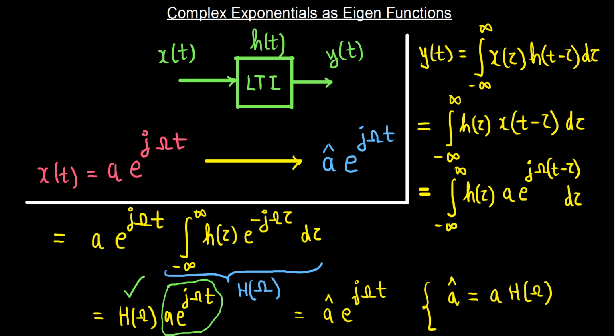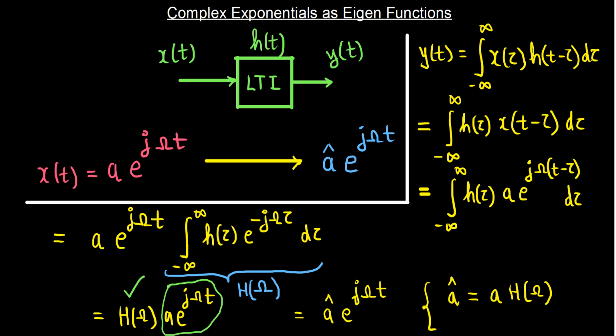Very interesting. That means if we give a signal that is a complex exponential as an input, at the output we are going to get the same complex exponential, in fact with the same frequency, that is the same omega. The only change that would happen to this complex exponential is the change in the amplitude.